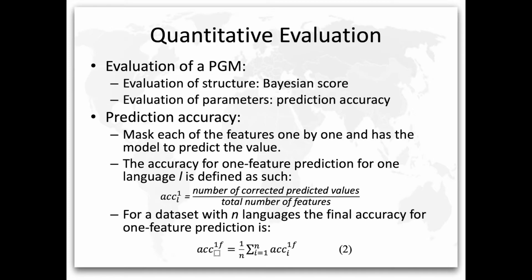The accuracy for one language is defined as the number of correctly predicted values divided by the total number of features. And then for a dataset with n languages, the final accuracy of this dataset is the average over all the languages.